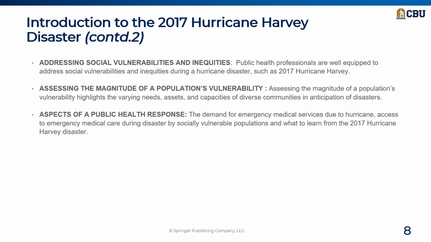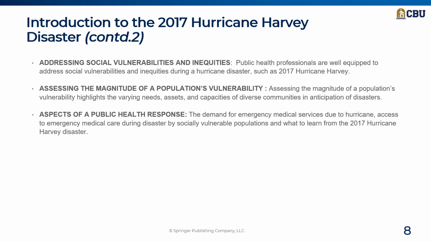Harvey serves as a powerful case study for public health response, showing how hurricanes rapidly increase demand for emergency medical services, how access to care varies according to social vulnerability, and where gaps in response are emerging.